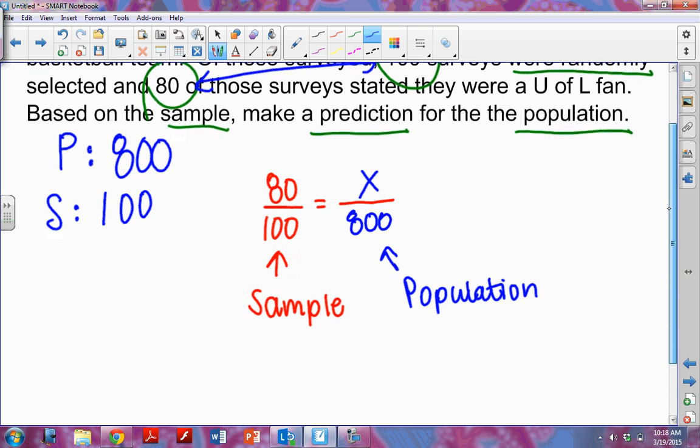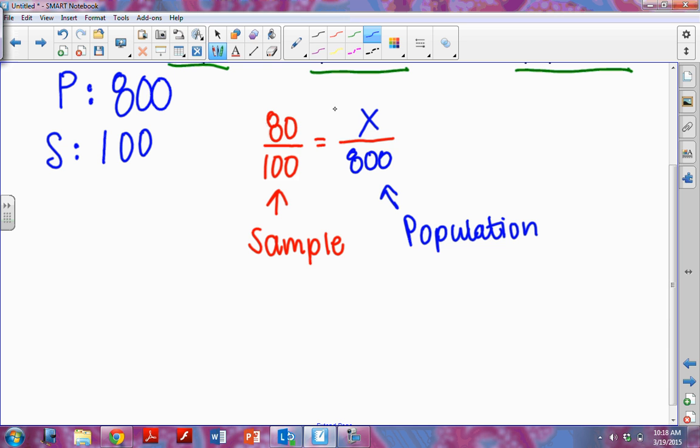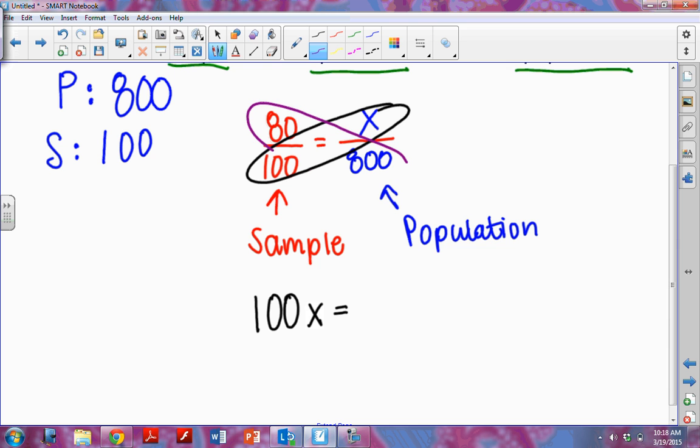So now that I've got my proportion set up, I can cross multiply. So I'm going to do 100 times x, which gives me 100x, which is equal to, and we'll do another color, 80 times 800, which is going to give me 64,000.